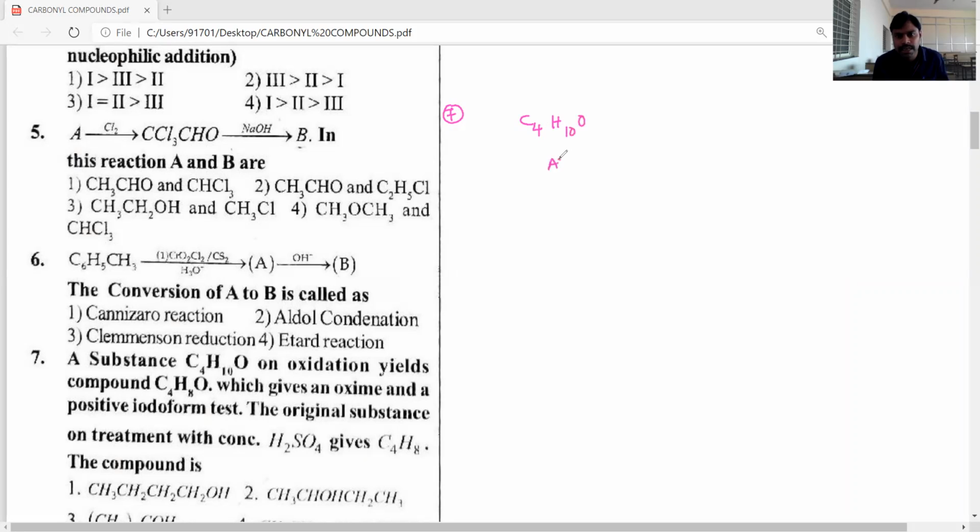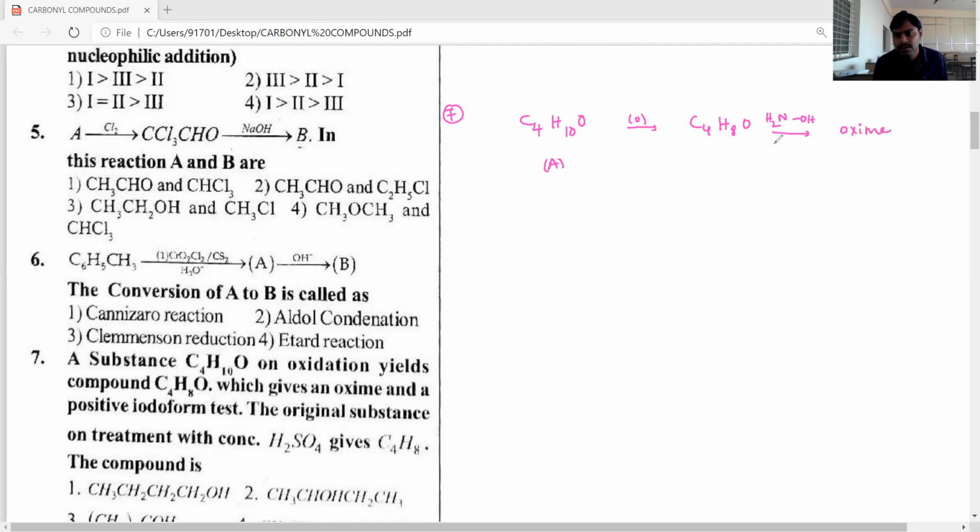This compound is A. On oxidation, we are getting C4H8O. Okay, it is treated with hydroxylamine NH2OH and forms oxime.